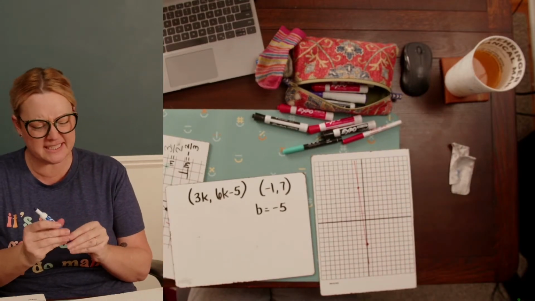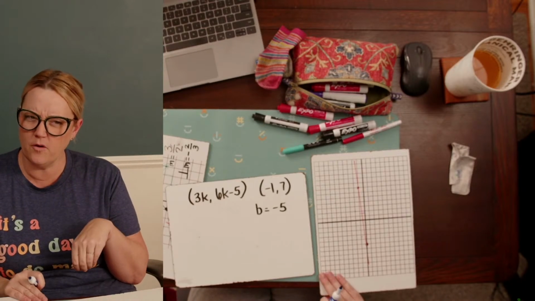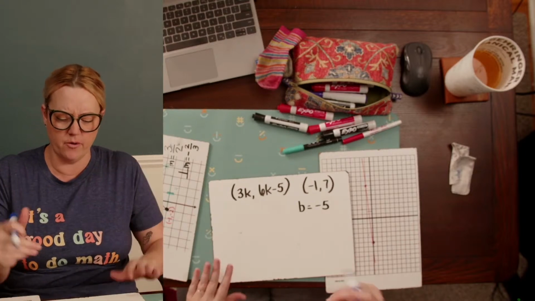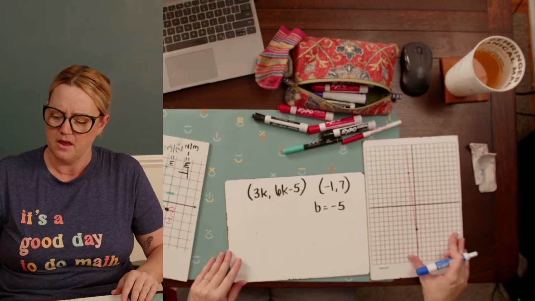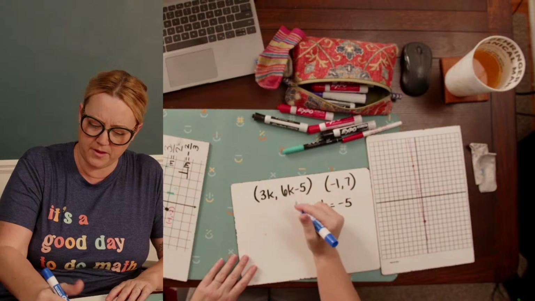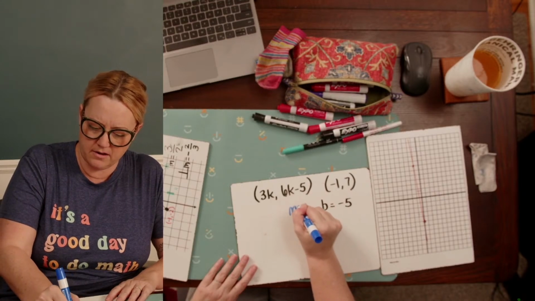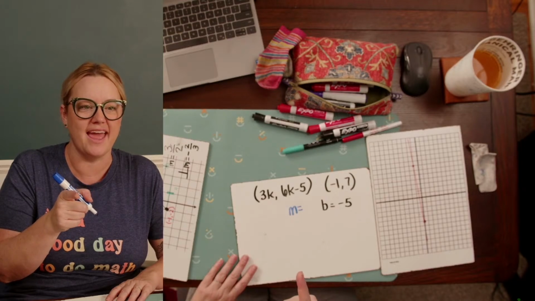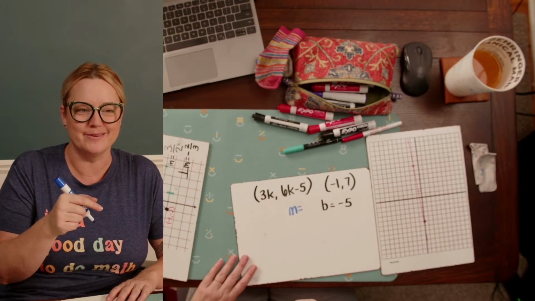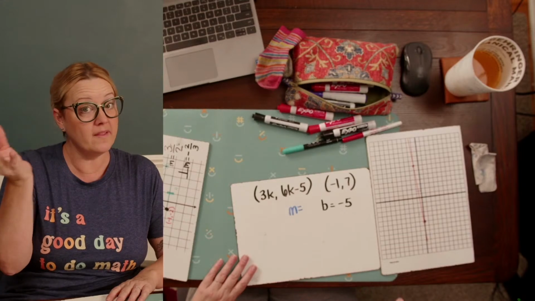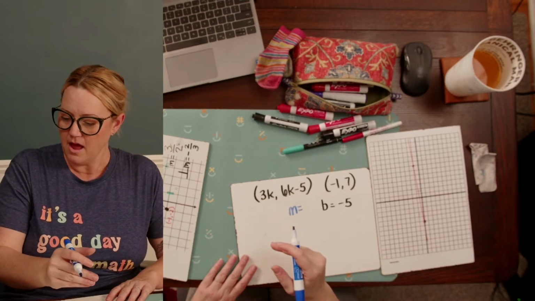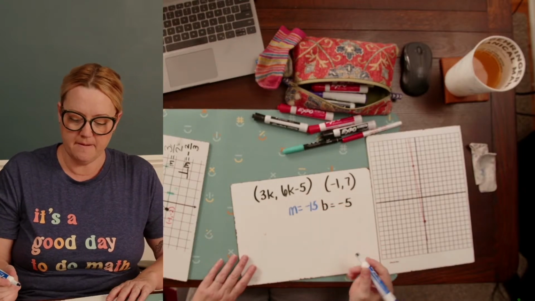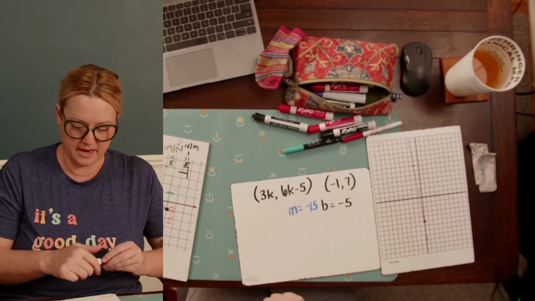My first instinct was to do point-slope form, but let's see how this works out using slope-intercept form. Okay, so our slope that we found from there. Oh, were you saying negative 7 is k, the k value? I think that's what you were saying. It's negative 7. Okay, well, let's figure out how we know that. Okay, all right, so the slope is negative 15. Okay, and the y-intercept is negative 5.